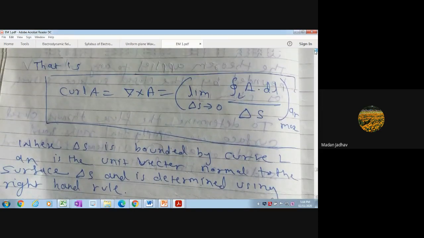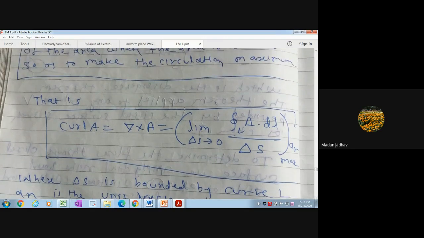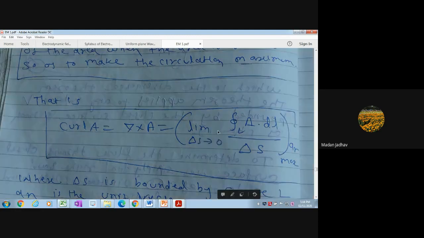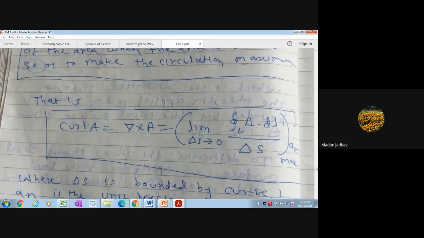Curl of any vector is equal to the closed line integral of that vector per unit area, as the area tends to 0. The vector obtained by taking the curl is a rotating vector, and its direction is perpendicular to the area, where the area ds tends to 0.